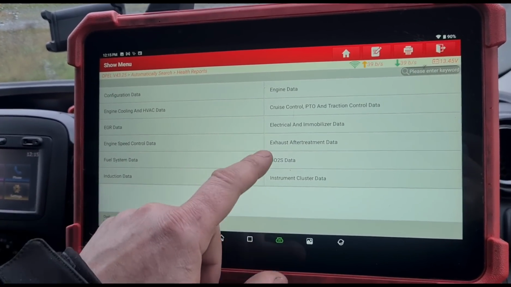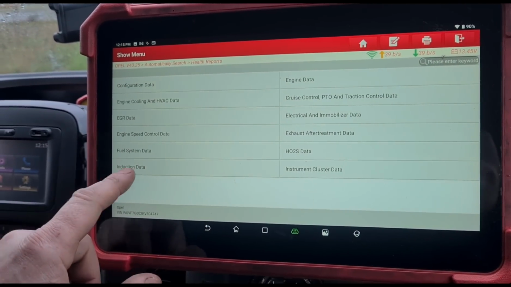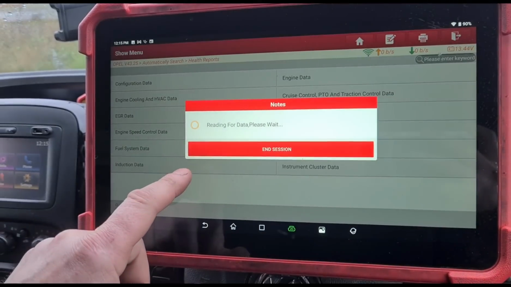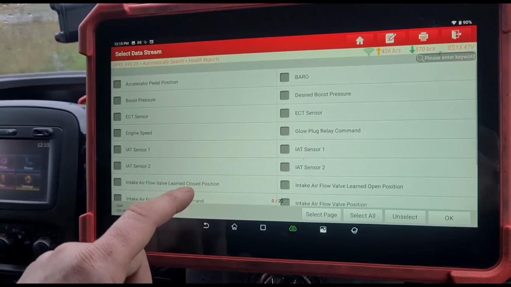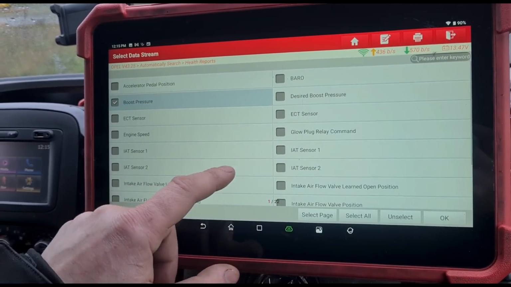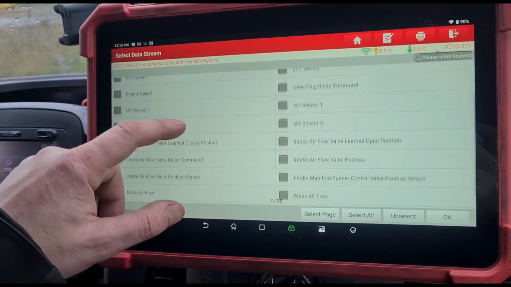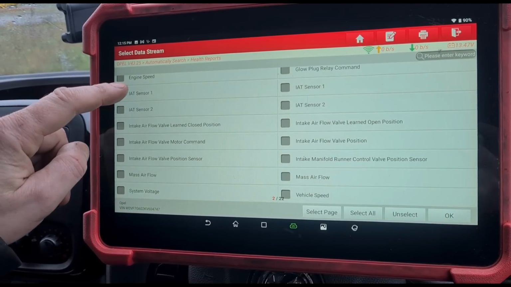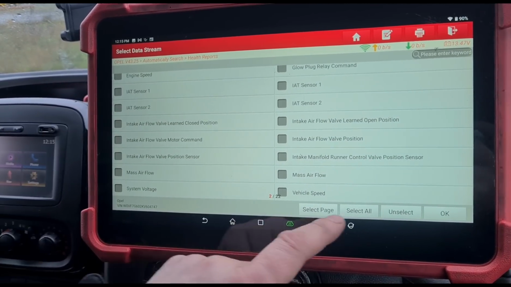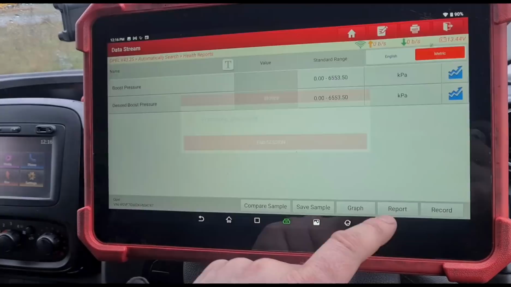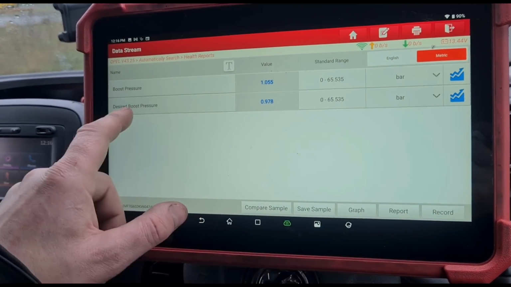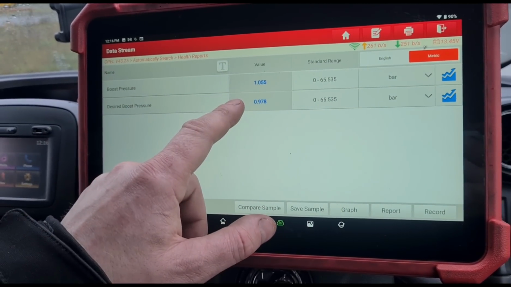Let's have a look if we have anything to do with the turbo induction. Boost pressure, desired boost pressure. No, so we don't have it, not that I can see. Well, this boost pressure.